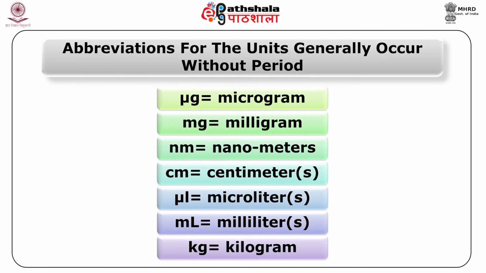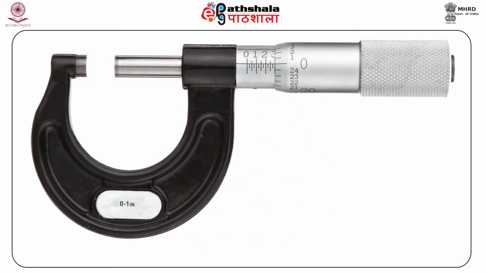The abbreviations for the units generally appear without periods. The examples are given further. Microgram, milligram, nanometers, centimeters, microliters, milliliters, kilogram. In denoting microscopic lengths, the unit micrometer is still quite often called by its old name, micron, and abbreviated mu instead of micrometer.